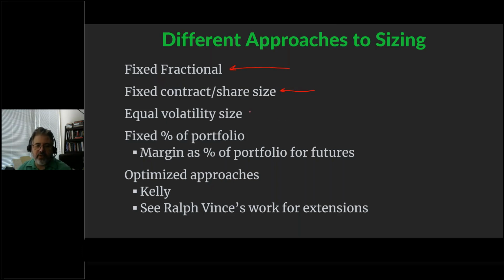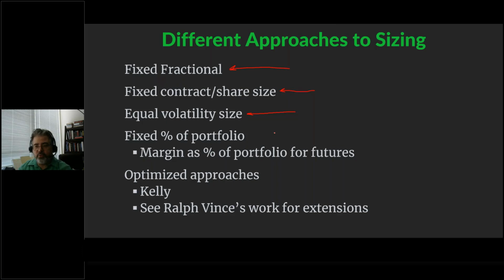One of the ones that is a little bit odd, but is very important to understand from a historical perspective, is equal volatility. It's not fixed fractional. There is a potential point of confusion here. Equal volatility comes from people who did this were the Turtles. It's probably the most famous group of people who use this.